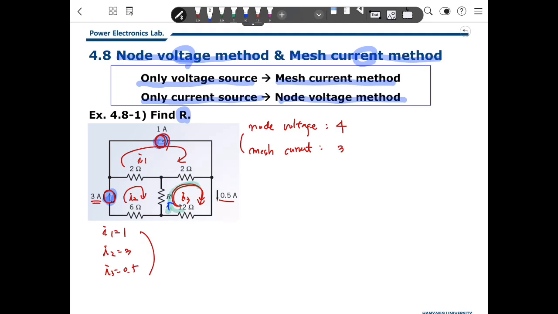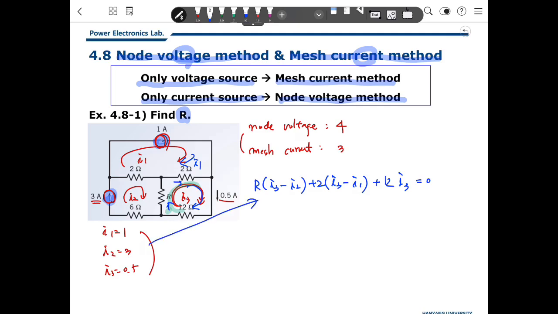First I meet R times (I3 minus I2), and 2 times (I3 minus I1), because this is I1 and this is I3, and 12 I3, and that will be 0.